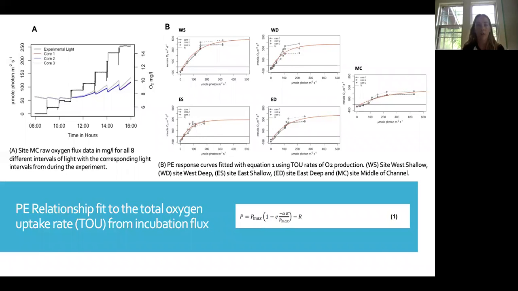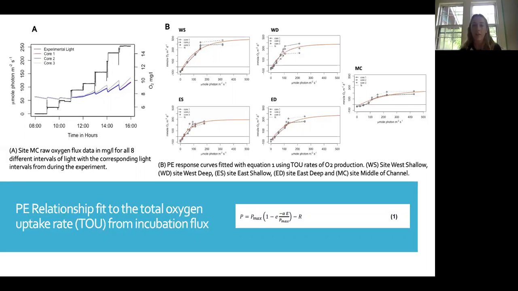in the overlying water was calculated for each core and then plotted in a P versus E relationship, which is the rate of oxygen production in millimoles per meter squared per day with the light level, and then was fitted to equation 1, which is the growth curve, to determine the Pmax, alpha, and respiration parameters.